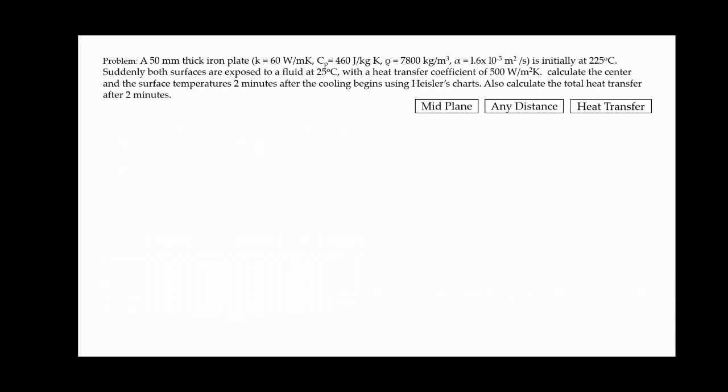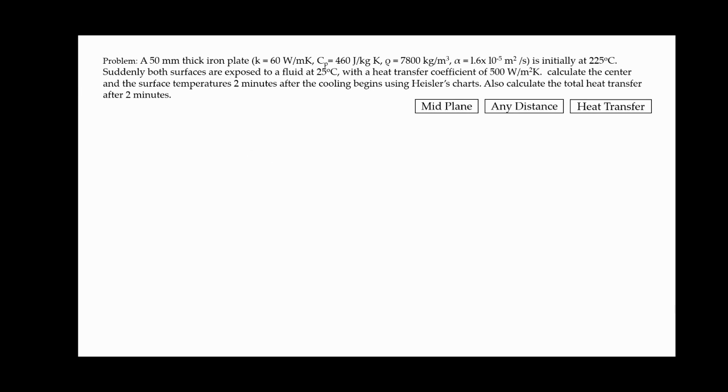Suddenly both surfaces are exposed to a fluid at 25 degrees Celsius with a heat transfer coefficient of 500 watt per meter square Kelvin. Calculate the center and the surface temperature 2 minutes after the start of cooling using Heisler's chart. Also calculate the total heat transfer after 2 minutes.